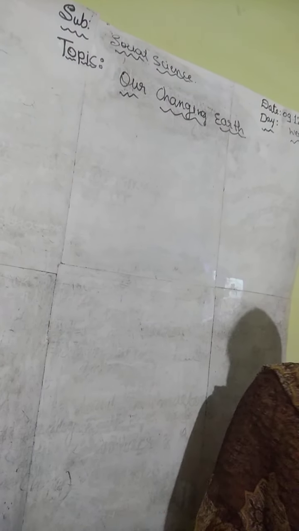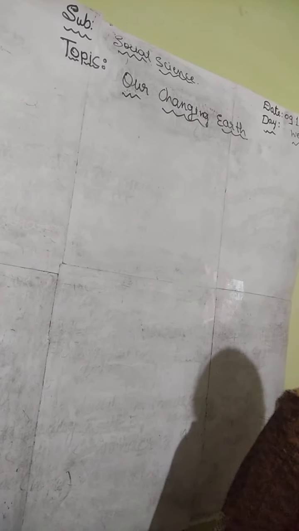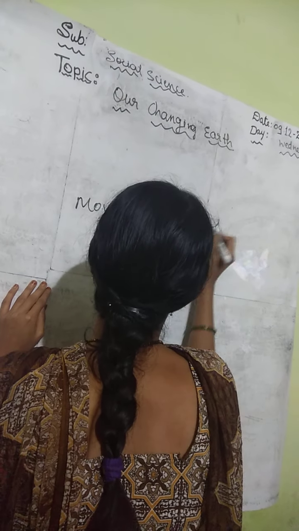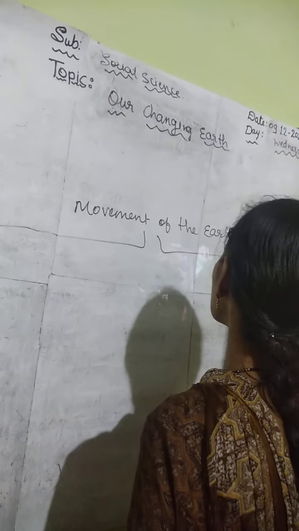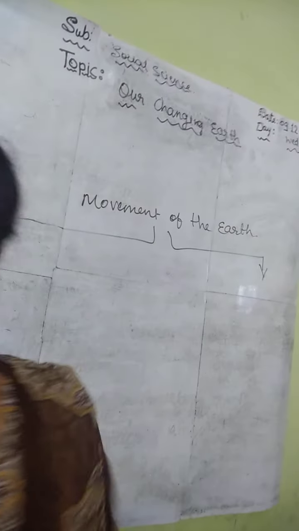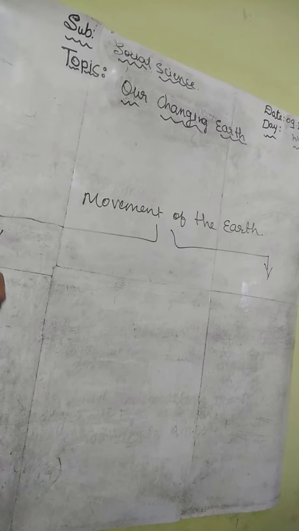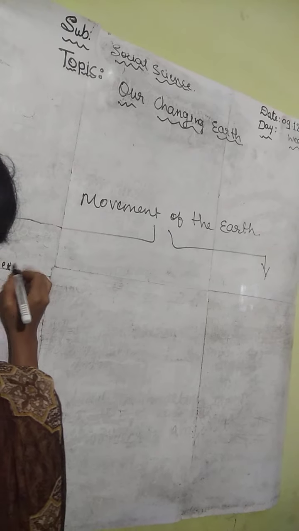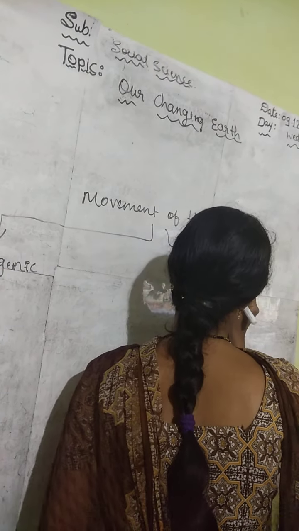How do we see these changes? The movements of the earth are divided into two types: endogenic and exogenic.